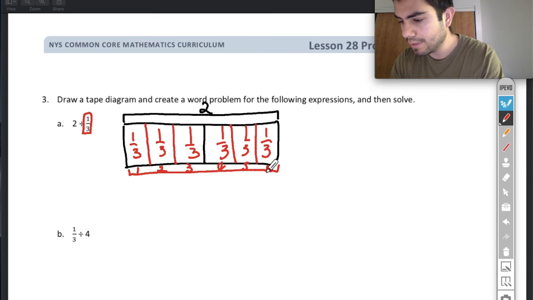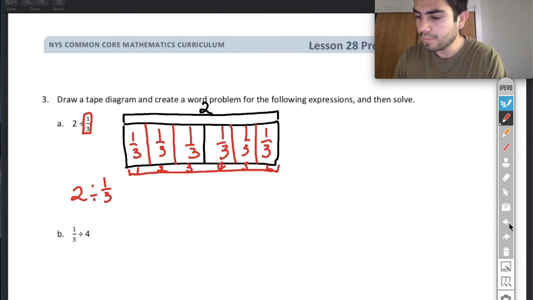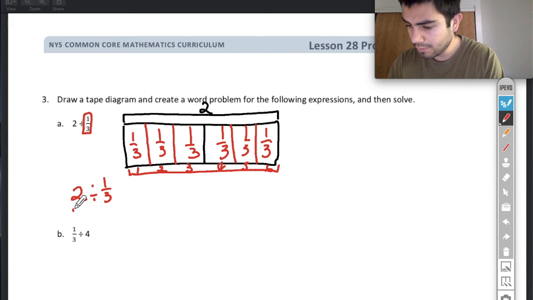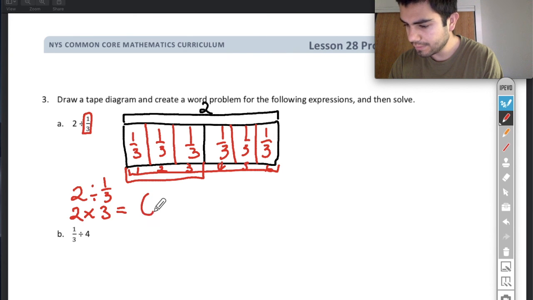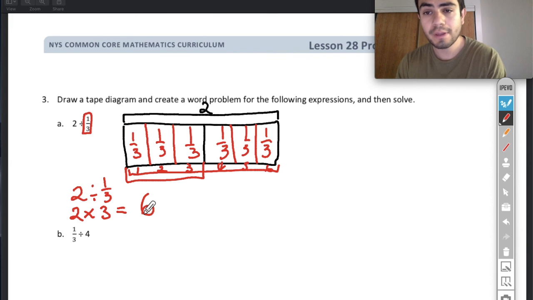Really what you have here is 2 divided by 1/3, okay, which is really the same as saying if you have 2 times the amount in each whole, which is 3, is going to give us 6. Okay, so you created 6 new pieces when you cut them into thirds.